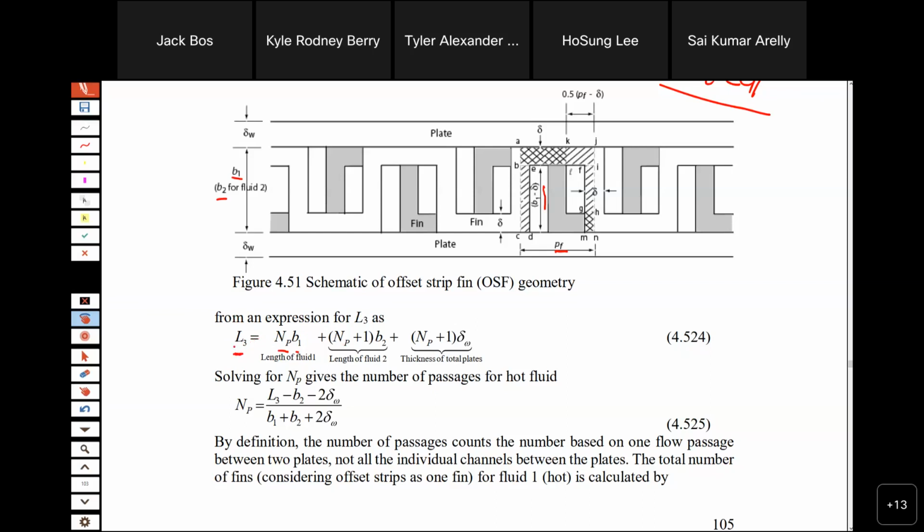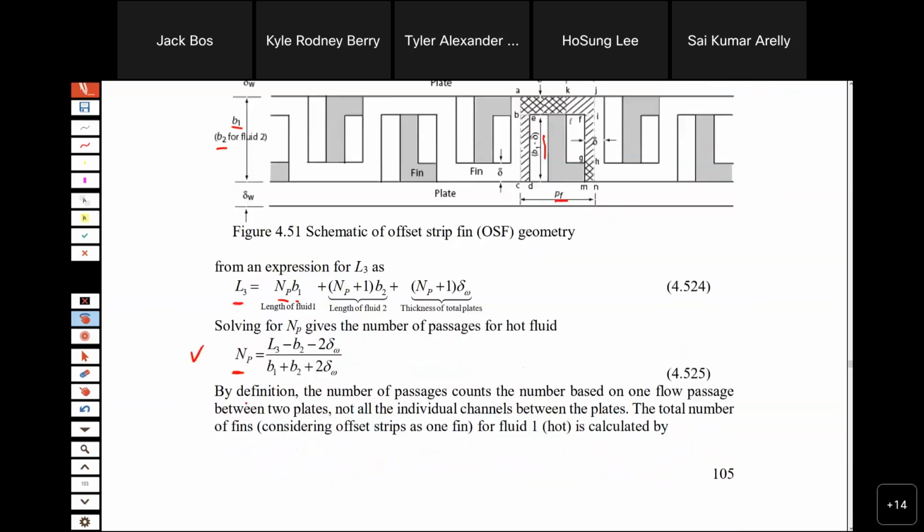So once we have that, we can figure out NP, depending on the height and profile length of fluid 2, thickness of wall, B1, B2, something like that. That's what we found. Okay, let's move on.